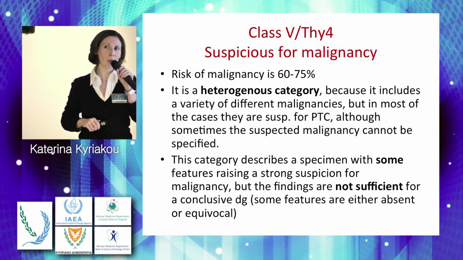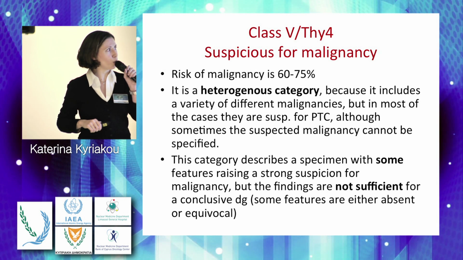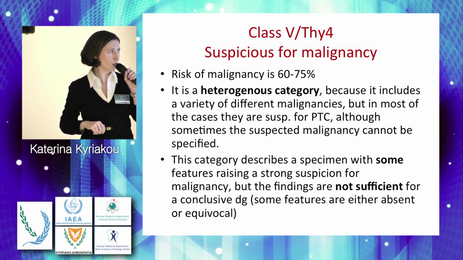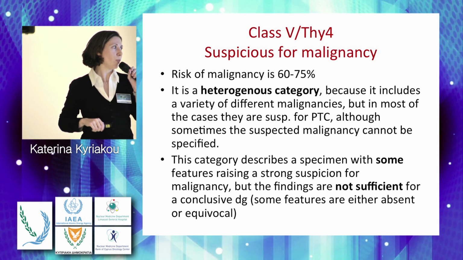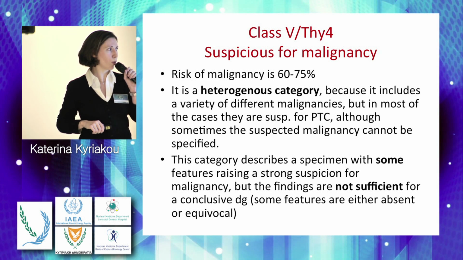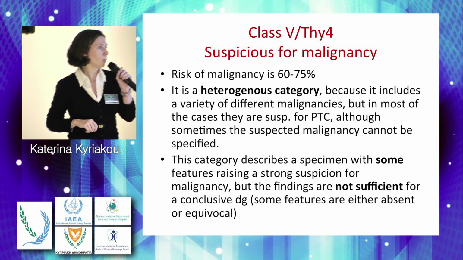But sometimes the suspected malignancy cannot be specified. So we say suspicious for malignancy, not otherwise specified. And it has some features raising a strong suspicion for malignancy, but the findings are not sufficient for a conclusive diagnosis.